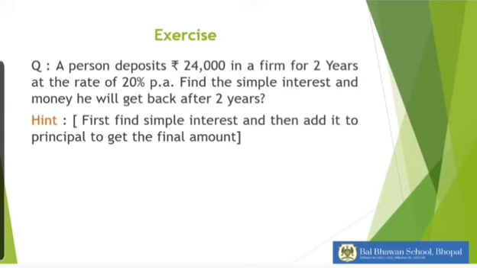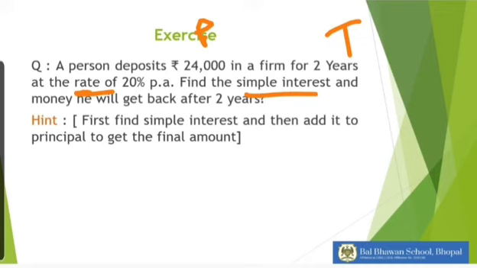Here they have given us the deposit amount, which is my principal. They have given us 2 years, which is my time. They have given us the rate as 20%. Now we need to calculate the simple interest, which is SI, and the money he will get after 2 years, that means the final amount.